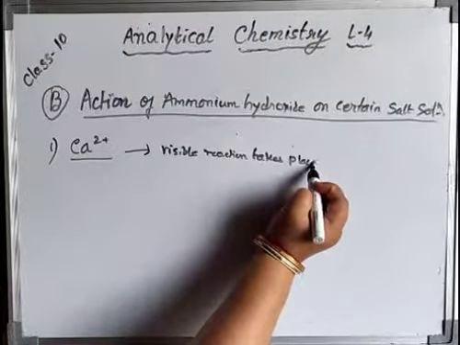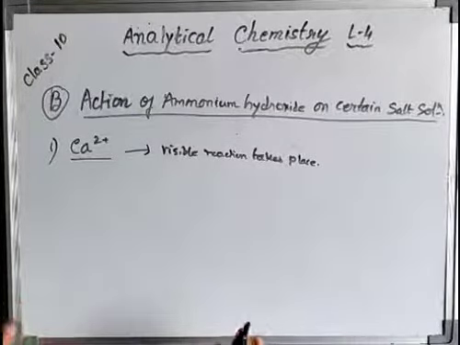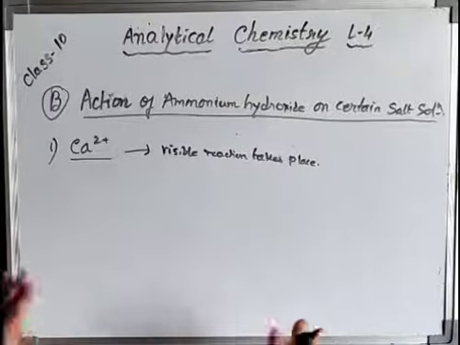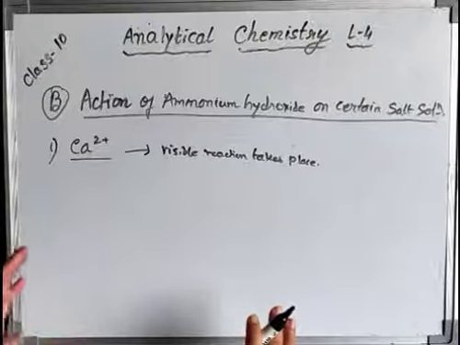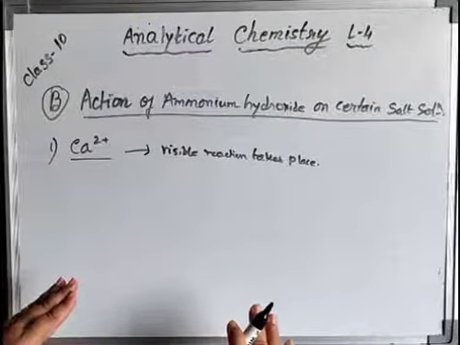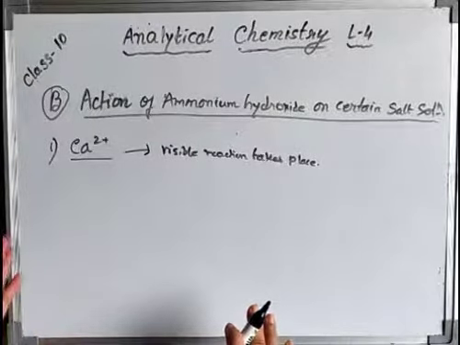Okay, students, in this chapter you will be learning both the reagents, how they behave in certain salt solutions, and the distinguishing characters often come in the exam. You have to remember the behavior of calcium in a small amount of ammonium hydroxide, a small amount of sodium hydroxide, in excess of ammonium hydroxide, and in excess of sodium hydroxide.